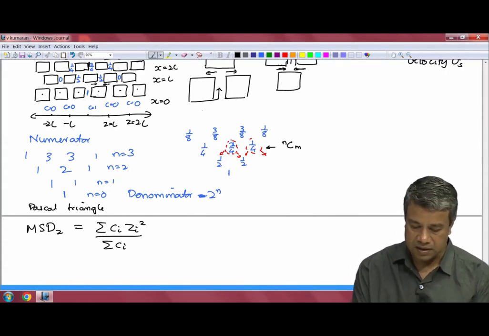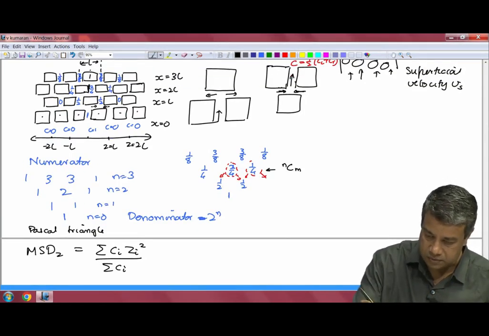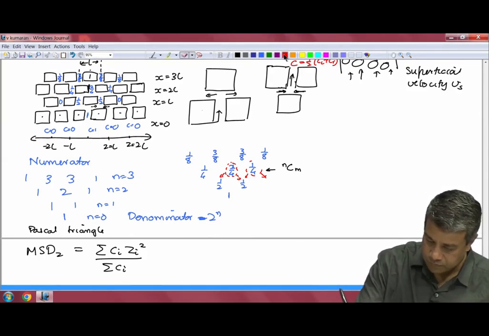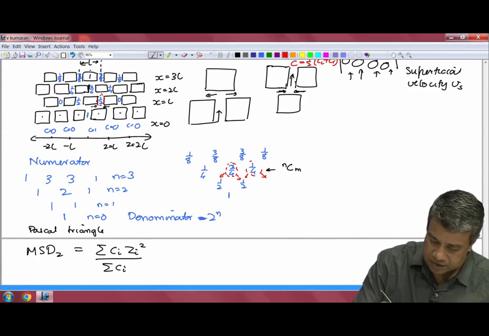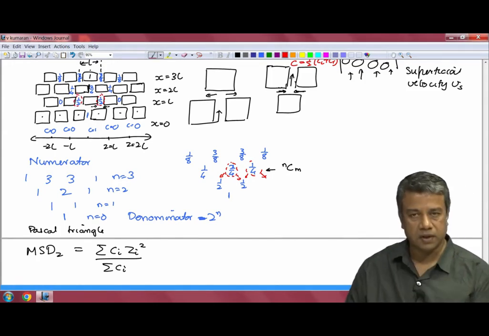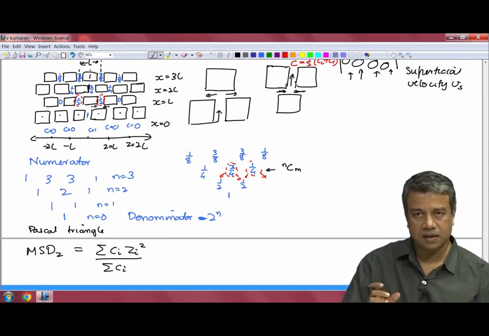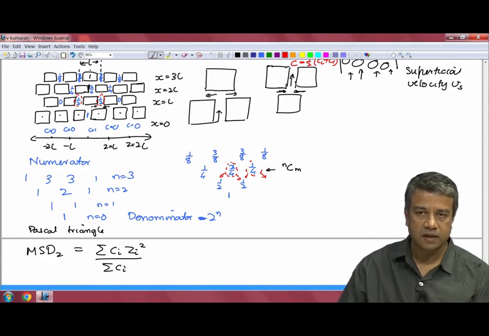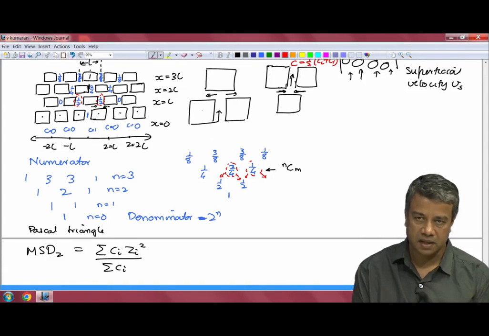And Zi is, for example, for these two cases, L by 2, because L is the repeat spacing, and each successive row of these obstacles has been displaced by half the length.